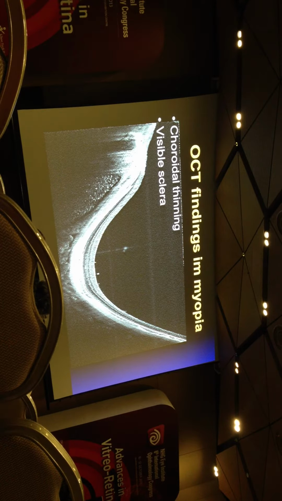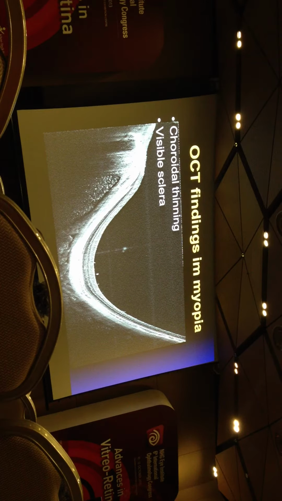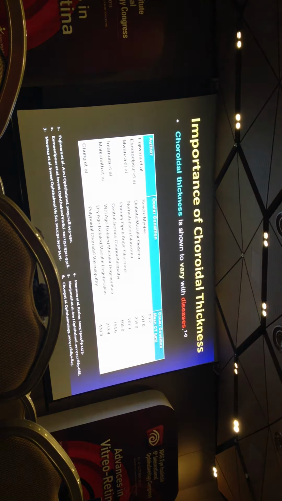Sometimes when residents join me in clinic with high myopes and I ask them where the choroid is, they'll just point at this dark band here, because that's what we're used to seeing in less high myopes. But we must realize that the choroid is very, very thin in a patient with very high myopia.